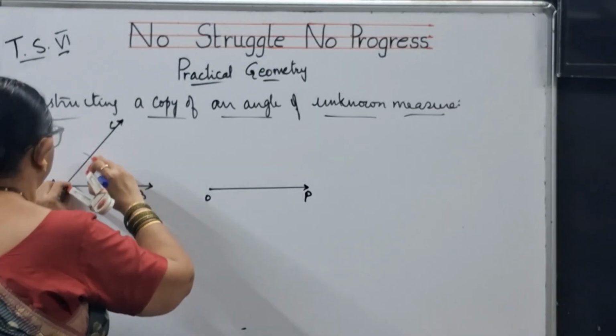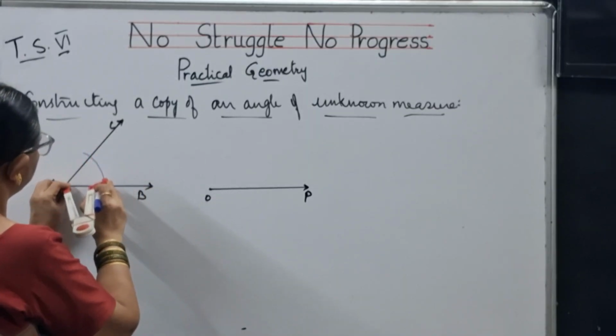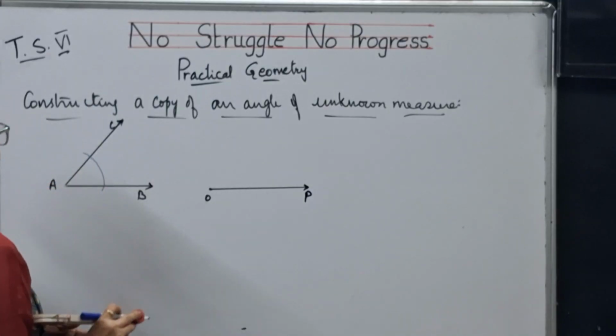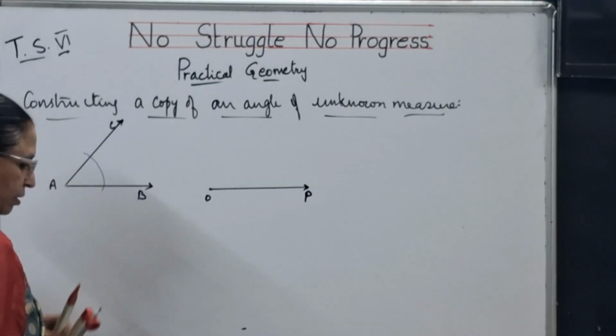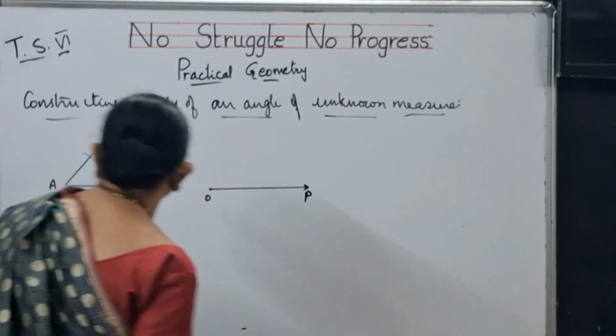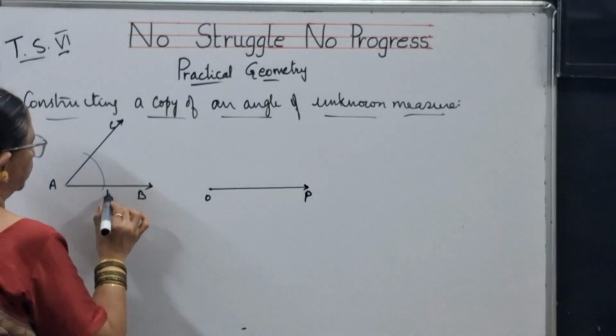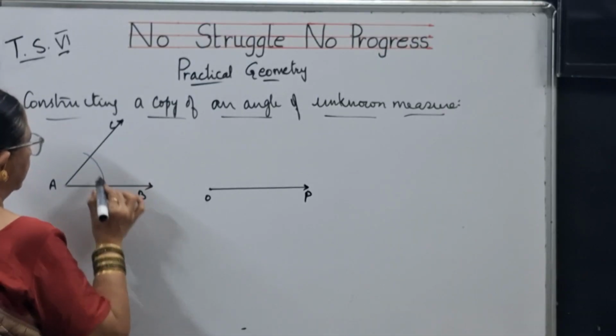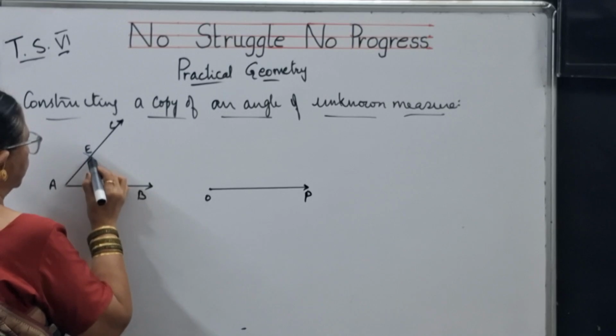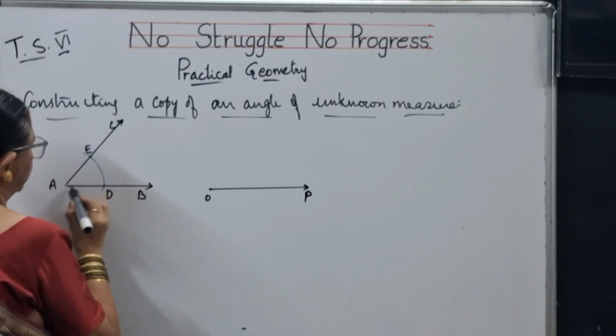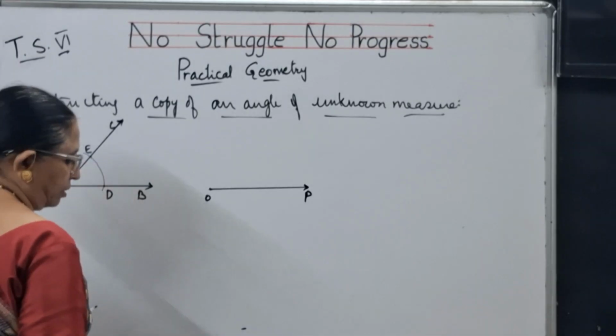The arc should intersect these two rays at 2 points. Let me write these points as D and E. These are the 2 points where the arc is intersecting.